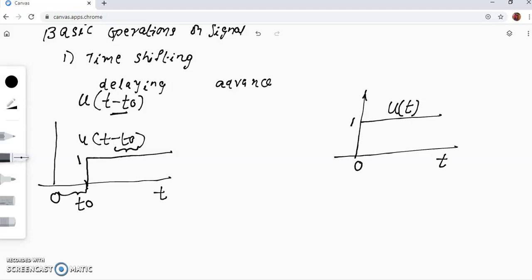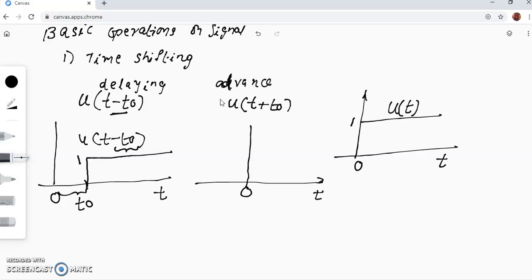Suppose that we want to advance the signal, that means we are just starting the signal early. This is the advance. We are starting the same unit step signal at an advanced time, so it is represented by a plus sign in the time, that is t plus t0. The signal was intended to originate from the origin, that means at time t equal to 0.